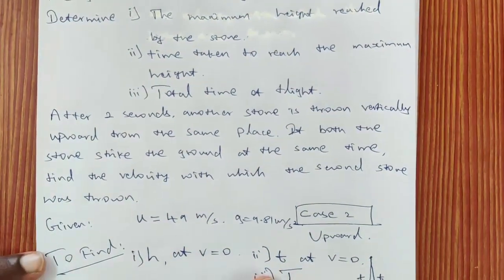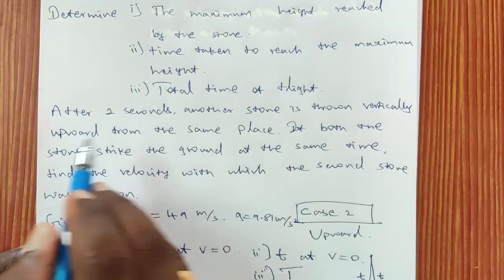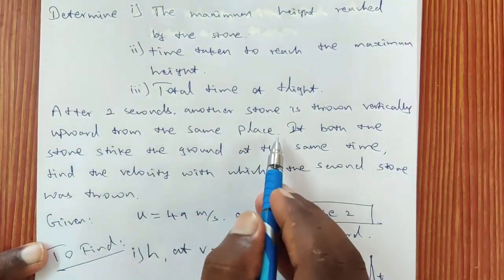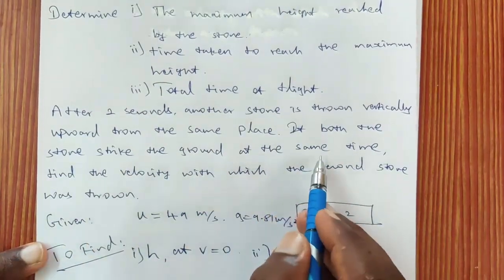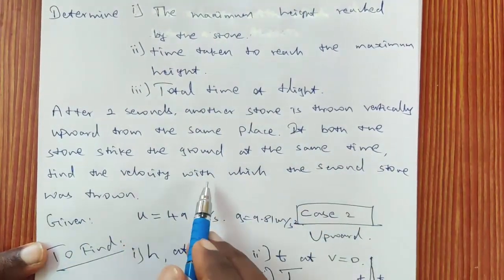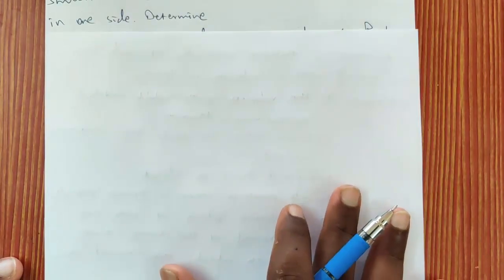Then the second part is, after 2 seconds, another stone is thrown vertically upward from the same plane. If both the stones strike the ground at the same time, find the velocity with which the second stone was thrown. So here, another stone is thrown after 2 seconds and it reaches the ground at the same time.